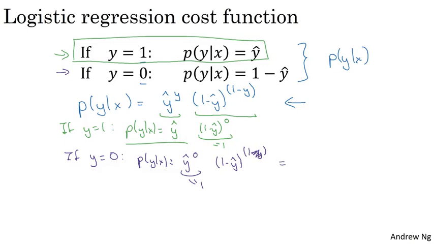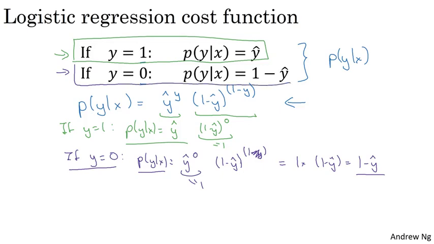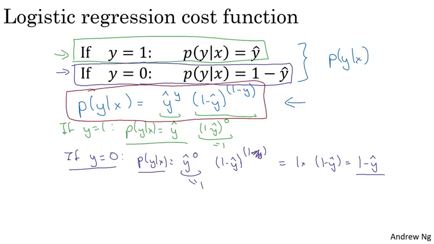And so this is equal to 1 times 1 minus y hat, which is just equal to 1 minus y hat. And so here we have that if y equals 0, p of y given x is equal to 1 minus y hat, which is exactly what we wanted above. So what we've just shown is that this equation is a correct definition for p of y given x.